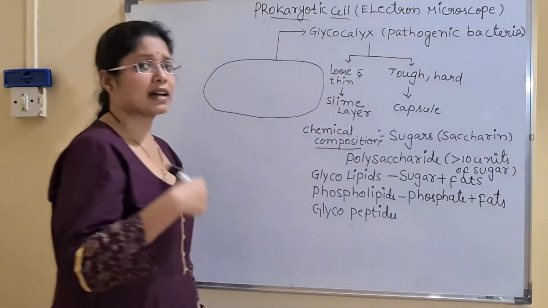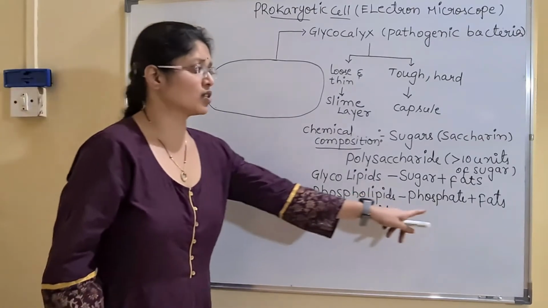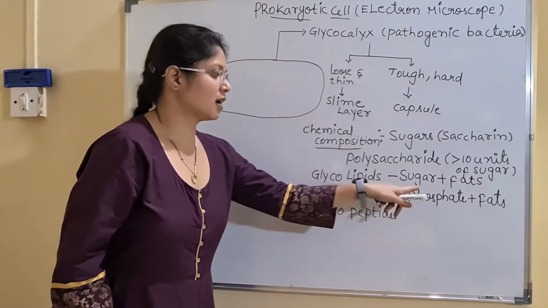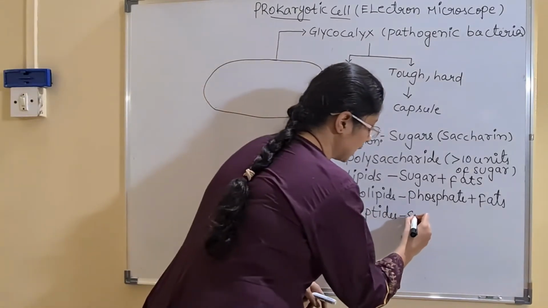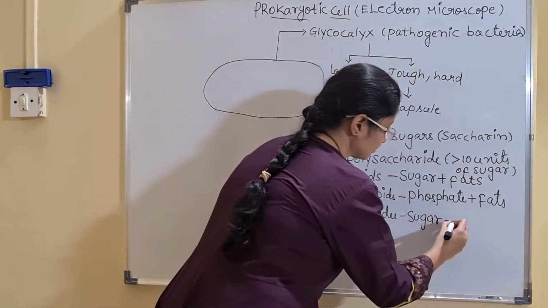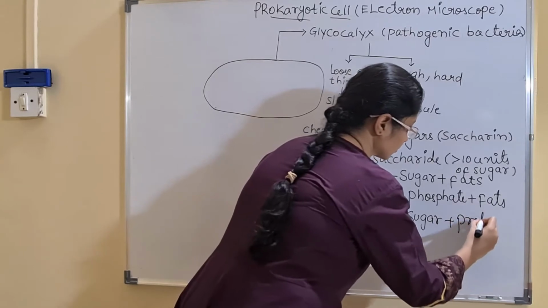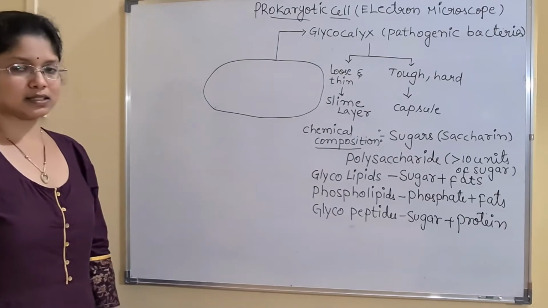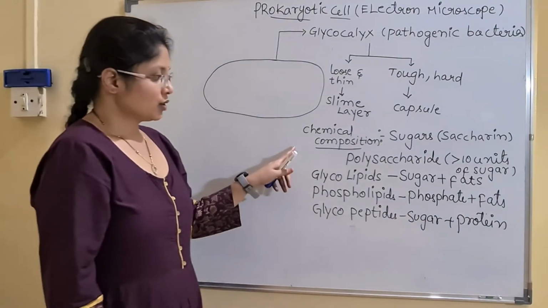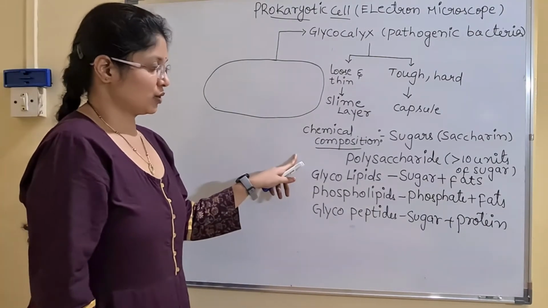For some bacteria, the glycocalyx is made up of phosphate and fat, some are made up of sugar and fat, and some are made up of sugar and protein. So this is regarding the chemical composition.